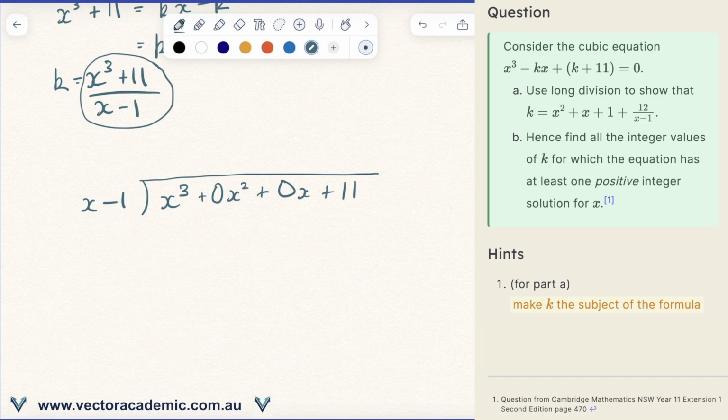So the first term we look at is this one. And we say, what do we have to times this by to get x cubed? And our answer is x squared. So I'm going to put my x squared above my x squared column there. So we've got x squared, and now multiplying x squared by x minus 1, we get x cubed minus x squared.